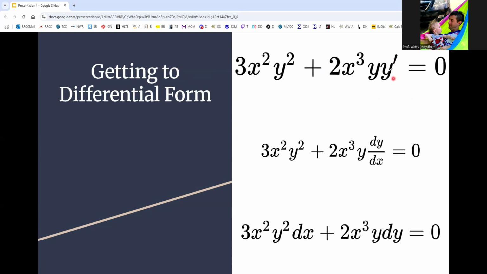If we have our derivative in the prime notation, we first just switch to the Leibniz notation, and then we can split up the differentials. The term that has the derivative will get the dy, and then the other term will get the dx. And you can think of this as if you're multiplying the equation by the differential dx.